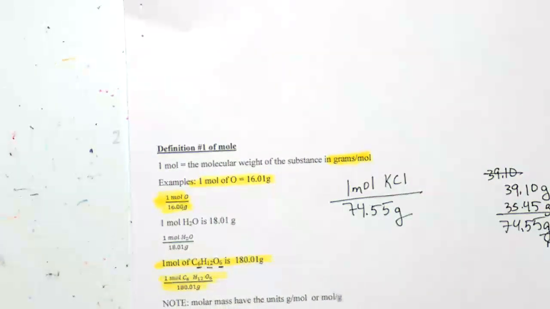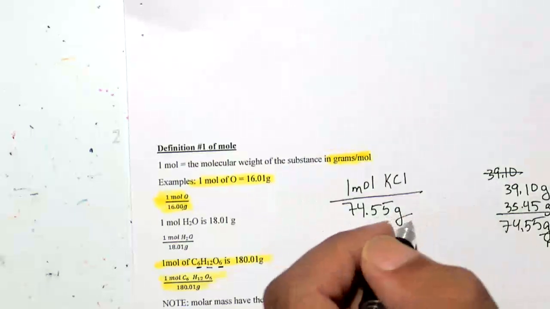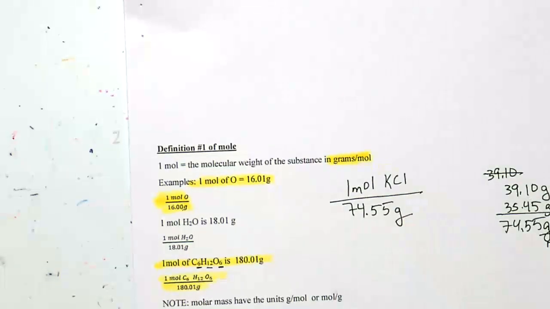So if I give you 74.55 grams of potassium chloride, how much did I give you? 1 mole. This is correct. If I gave you 1 mole of KCl, how much did I give you, Emily? In grams, I gave you 74.55 grams.